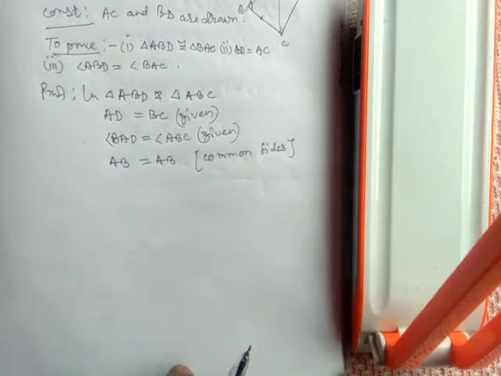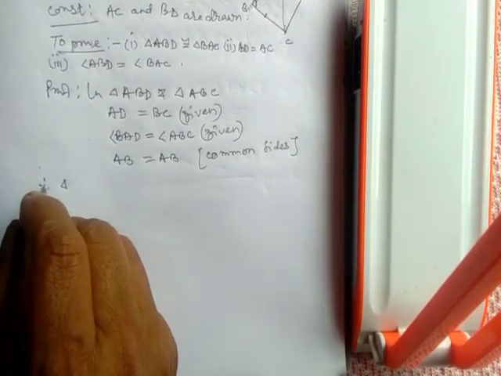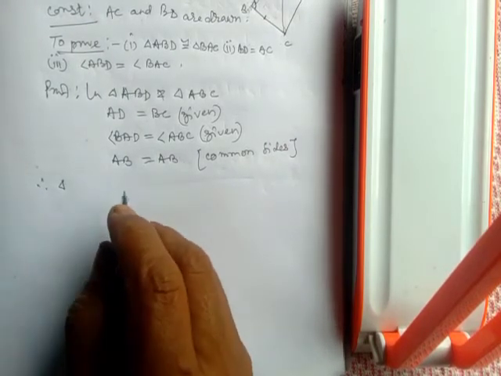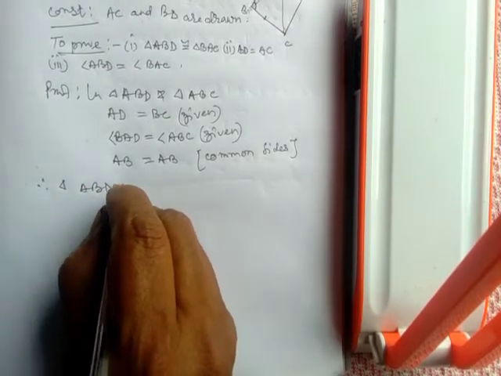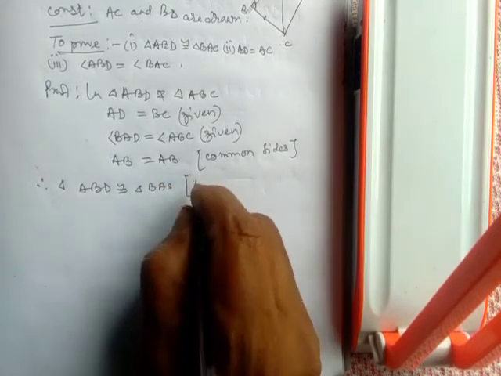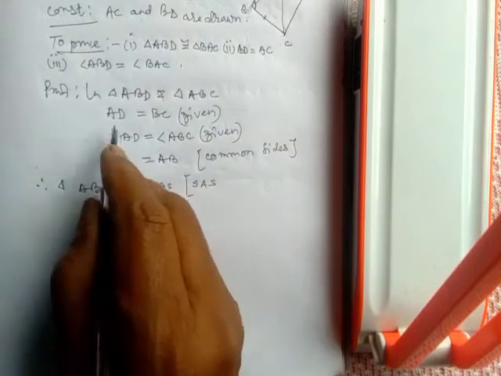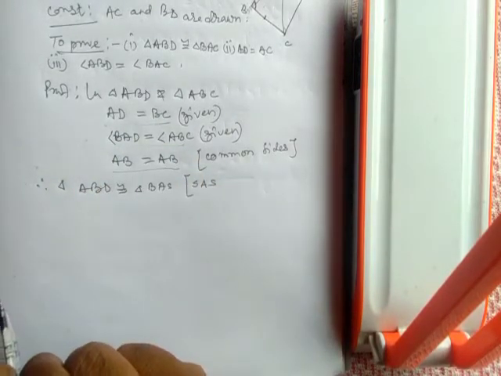Therefore triangle ABD is congruent to triangle BAC. By which postulate or theorem? SAS: one side, two sides, and one angle.